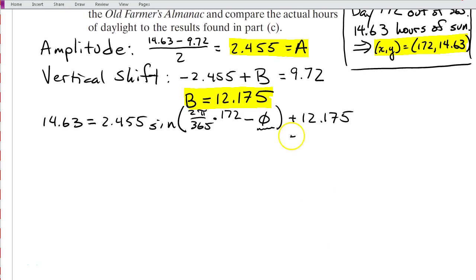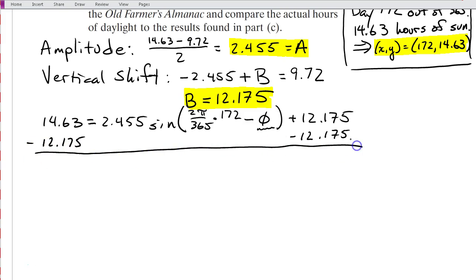I'm going to subtract 12.175 from both sides first. And I'm going to get 2.455 is equal to 2.455 sine of 2 pi over 365 times 172 minus phi.